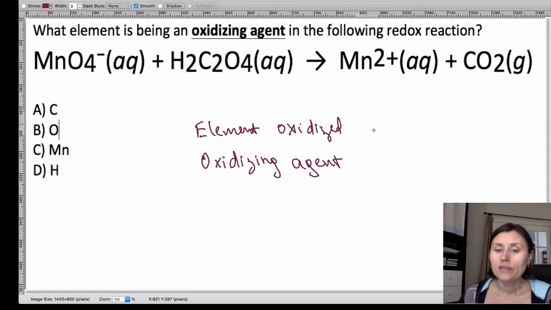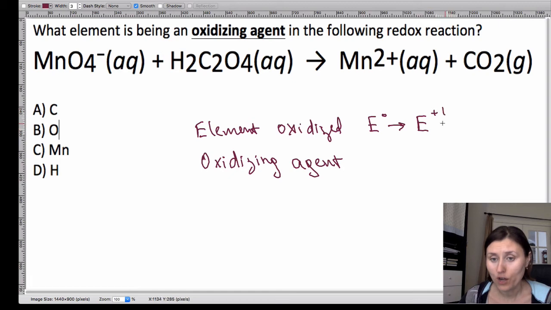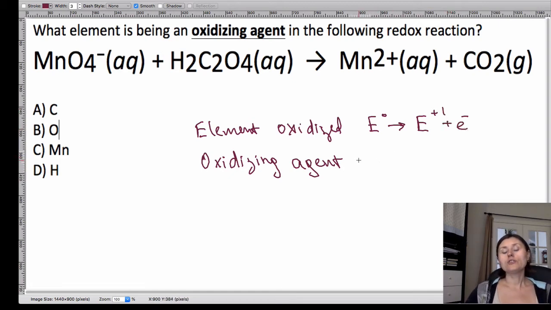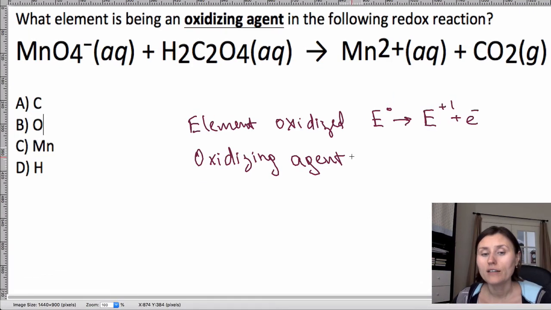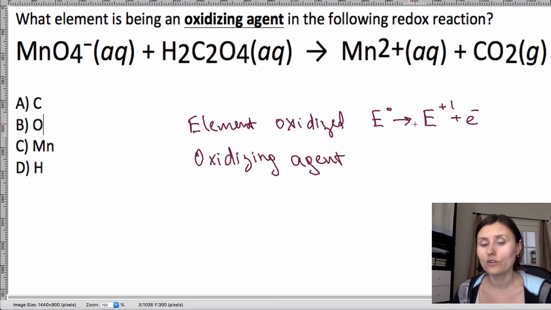The element that's being oxidized is the one that is losing one or more electrons and gains a more positive charge. Now the oxidizing agent is an element that kind of makes it happen. So it's going to be completely opposite of that. If an element is being oxidized, it's losing electrons, then the oxidizing agent is the one that actually would be gaining an electron.